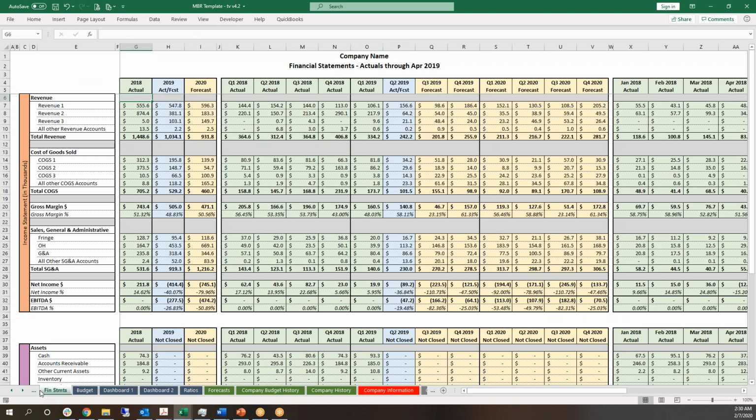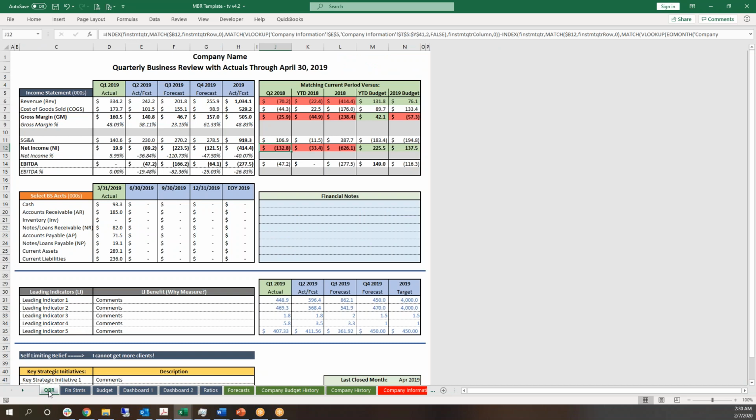The first tab is the QBR tab, or the Quarterly Business Review, and it contains a dashboard of information. At the top is a quarterly income statement, which is compared to the matching current period in the table to the right. This comparison is important to see how the company is doing for the quarter, year-to-date, annual, and against the budget.